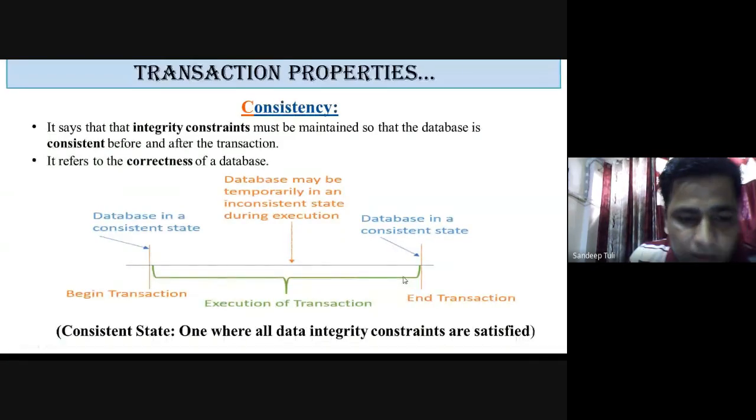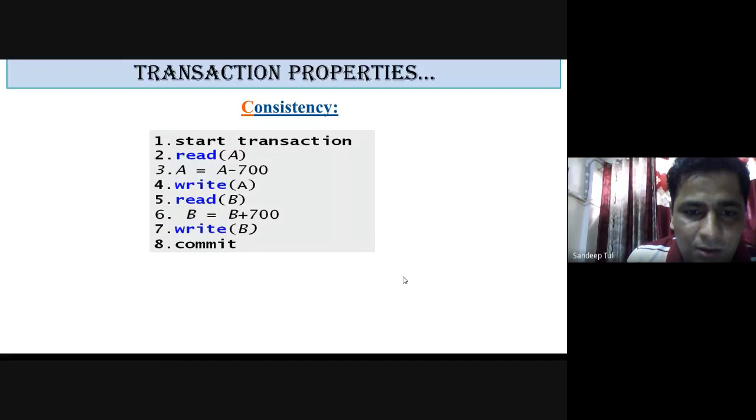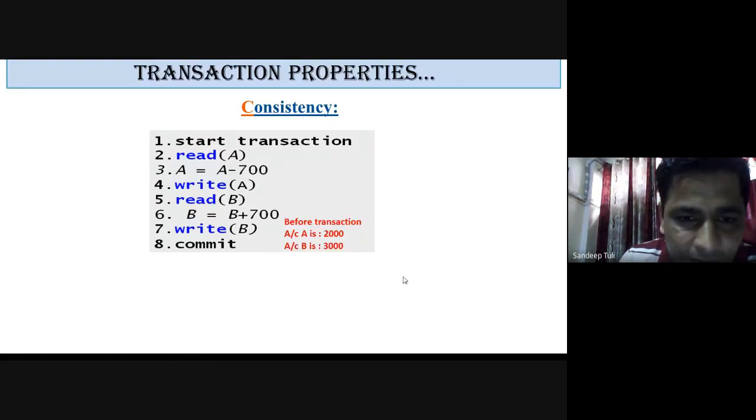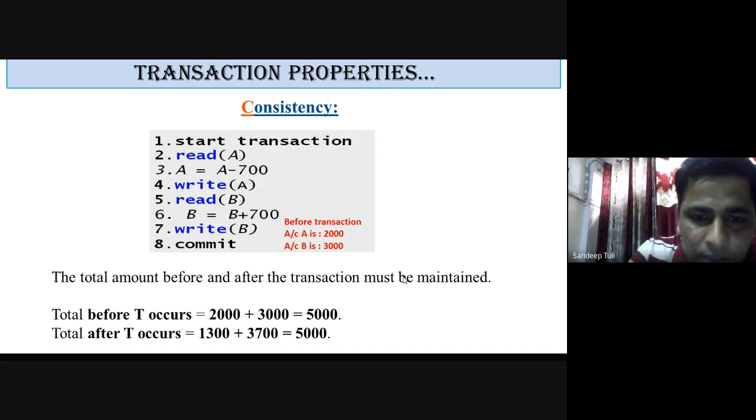Now, a consistent state means one where all the data integrity constraints are satisfied. We will see what data integrity constraints are once more. I will take the same example that I have already explained. Suppose before the transaction the value of A is 2000 and the value of B is 3000 rupees.